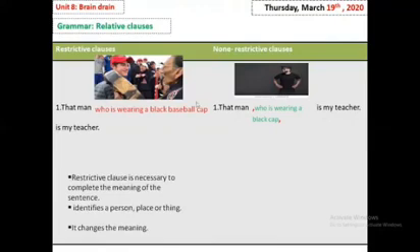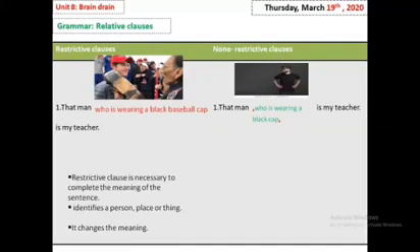So we can say a restrictive clause is very necessary to complete the meaning of the sentence, because it identifies the person or a place or thing. In this case, we identify this person. If we omit it in the sentence, then the meaning gets changed.